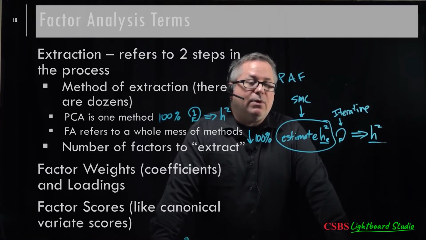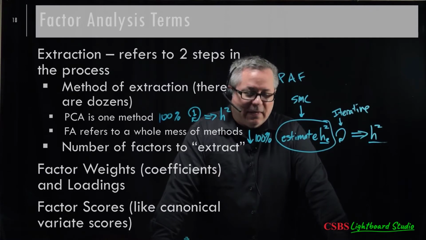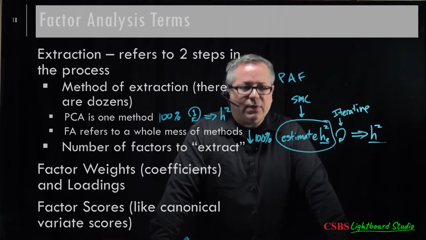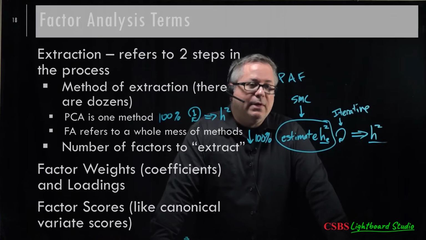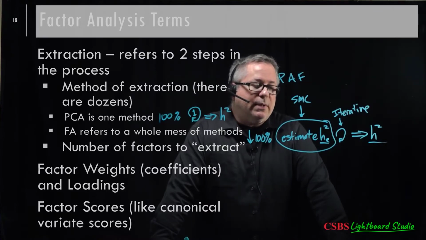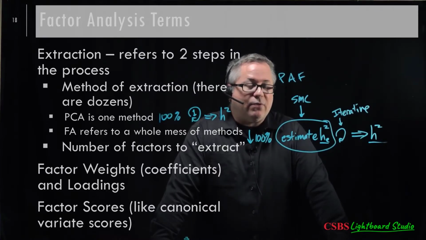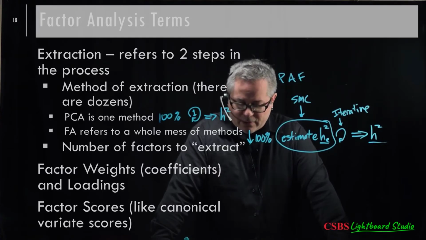But to reiterate your question, PCA is definitely the one-shot, more descriptive approach to trying to find underlying constructs. And factor analysis is more theory-driven, it's iterative, it requires you to make some kind of estimate of what's going on to start with. You may or may not have heard the term start values.